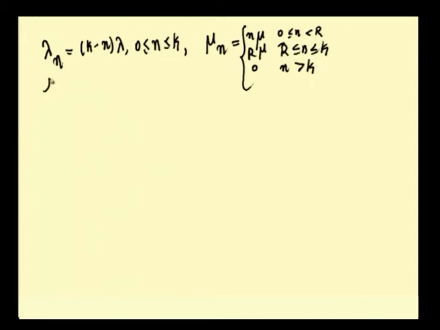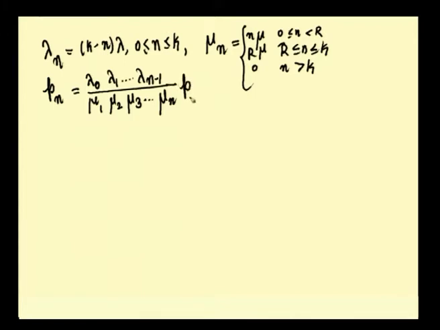Further, from this generalized birth and death process, or the generalized Poisson queuing model, we had Pn defined as lambda naught, lambda 1, and so on up to lambda n minus 1. Totally there should be n terms in the numerator, and in the denominator also, mu 1, mu 2, mu 3 and so on up to mu n, into P naught.